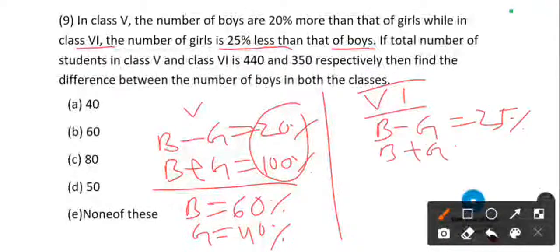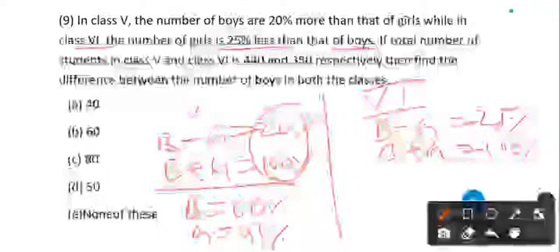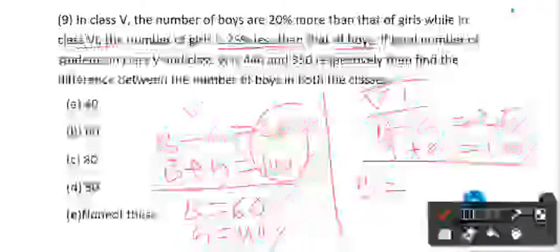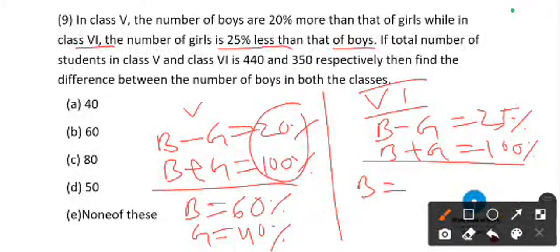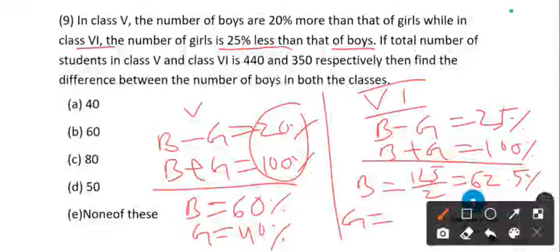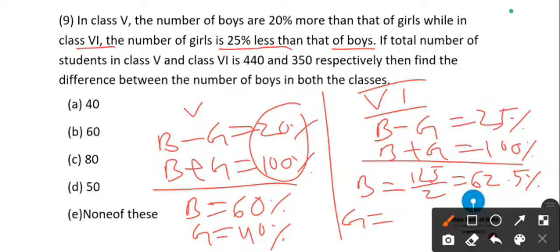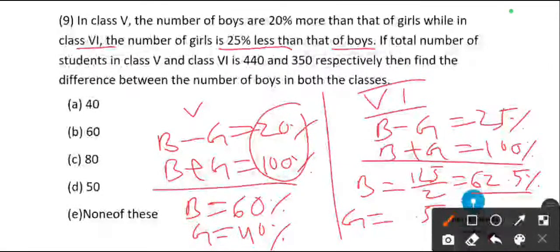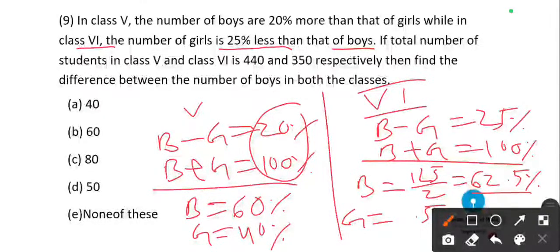So total will be 100% in class, and boys will be the sum of these two, 125 divided by 2, which is 62.5 percentage, and girls will be 100 minus 62.5, which is 37.5. That is the girls ratio.